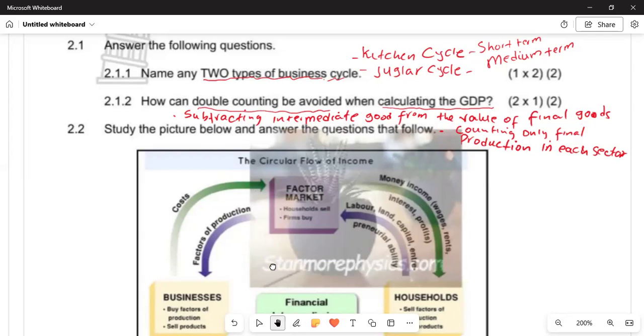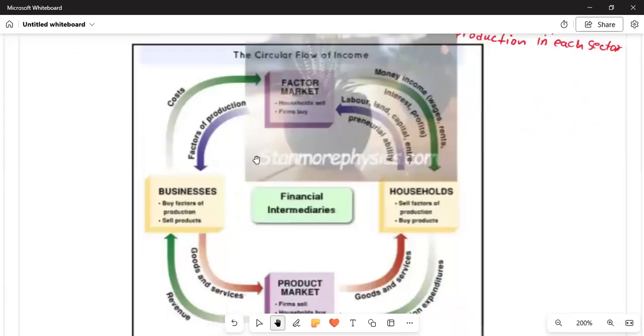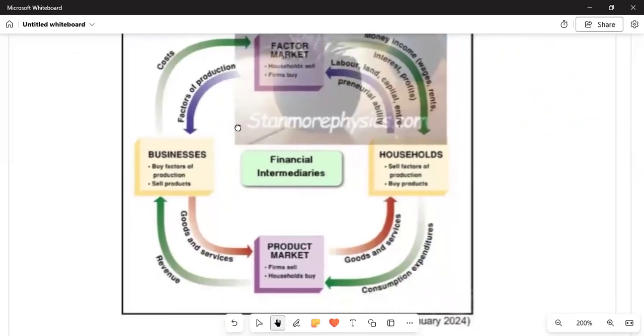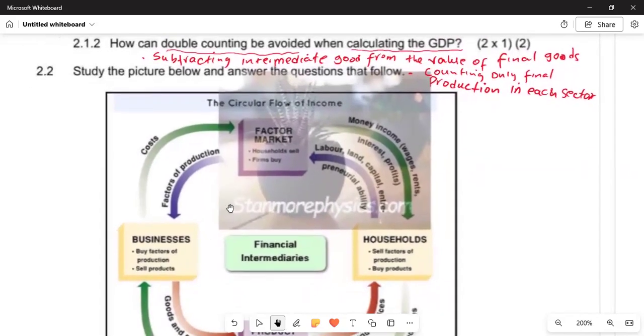So now let us move on. We are on 2.2, which says study the picture below and answer the questions that follow. This is the picture that you're going to study: the flow of income.